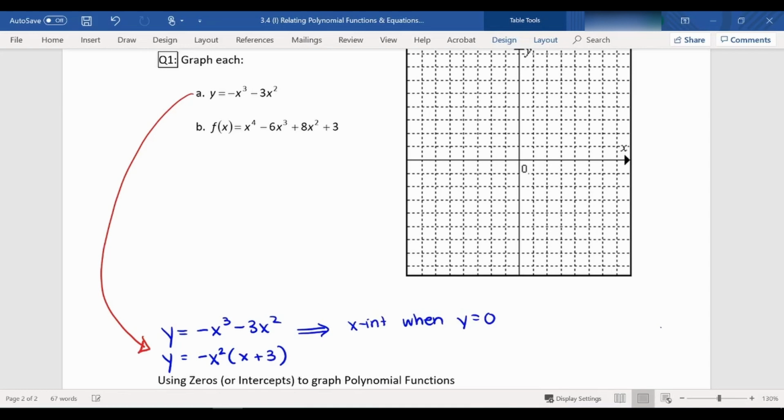Which means that one of your factors would need to equal 0. Here, one of my factors is x squared, and the other factor is x plus 3. So for us, that means either x squared equals 0, which would mean x is 0, or you have x plus 3 equals 0, which means x equals negative 3. So these are my x-intercepts.